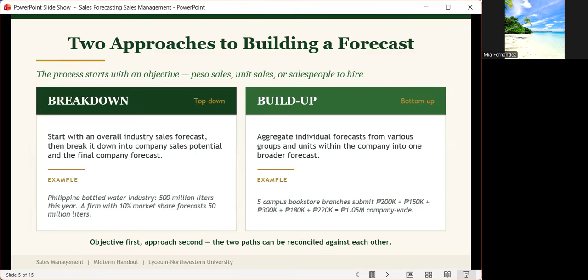Because let's say, for example, you found that there's a demand of 1 million from the breakdown, and then for the build up, you notice that it's just 500,000. So there is a discrepancy, right? So there's something to work on.